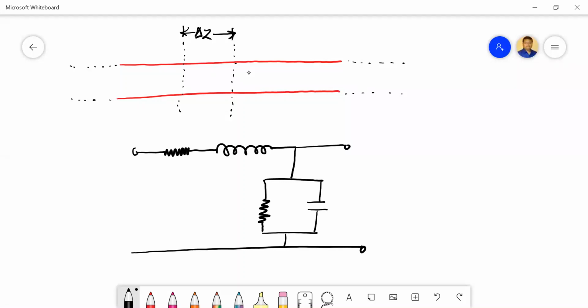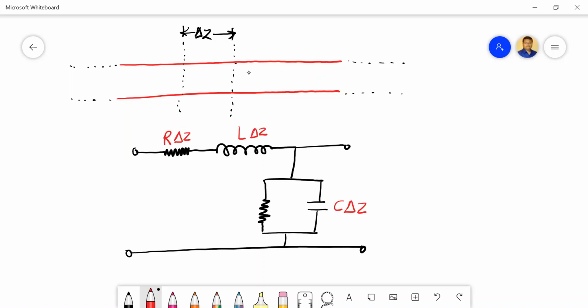Right? And let us define some of the parameters here. So this is R delta Z, this is L delta Z, this is C delta Z, and G delta Z. I'm multiplying with delta Z because these capacitance, inductor, and all the things are in Henry per meter, Farad per meter, like that.